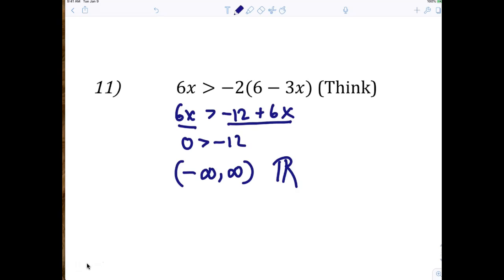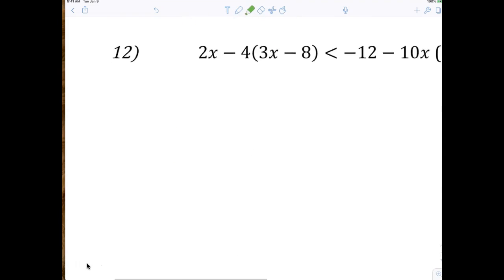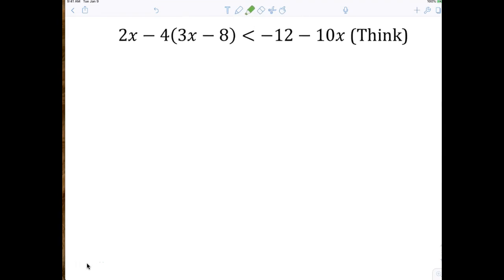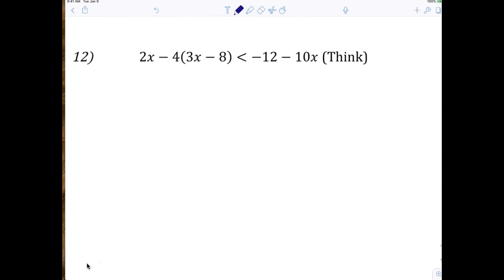If it's true or not. So again, we're just saying, is 0 greater than negative 12? Yes. All right, if it's false, it's no solution. All right, so here we go. One more. 2x minus 12x plus 32 is less than negative 12 minus 10x.